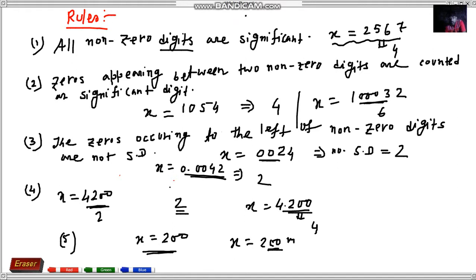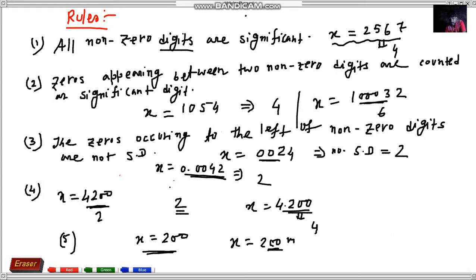So when the zeros are at the left side, then there is no problem. They are not counted as significant digits, whether or not there is a decimal. But if the zeros are occurring at the right side of the number, then whether these zeros are counted as significant digits will depend on many things.